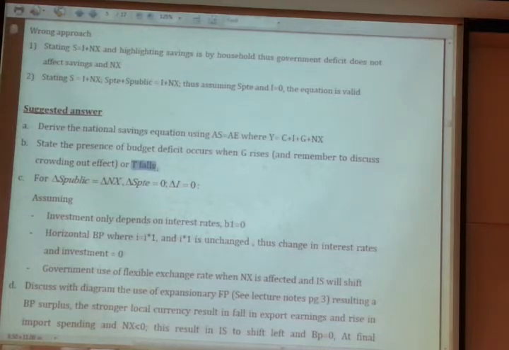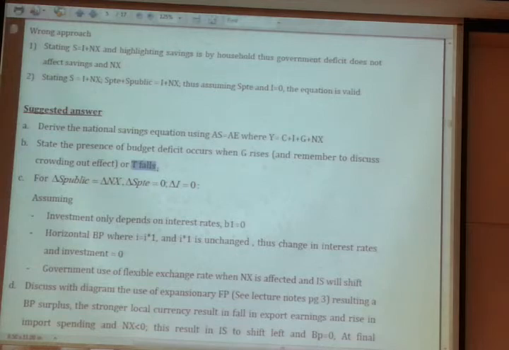S public is T minus G, and you assume your transfer payment to be 0. That's why in the S public itself, I assume G increase and not T bar. Imagine in the equation if I have T bar goes up, S public goes up, but S private goes down. So I have to plan the question ahead myself. So in this case, I will only use G bar.